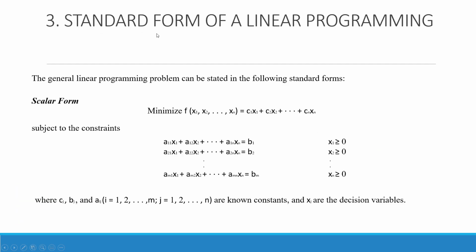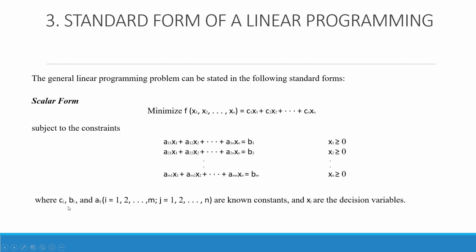Number 3, the standard form of a linear programming. The general linear programming problem can be stated in the following standard form. There is the scalar form: there is a function, in this case to minimize, and there is subject to the constraints.